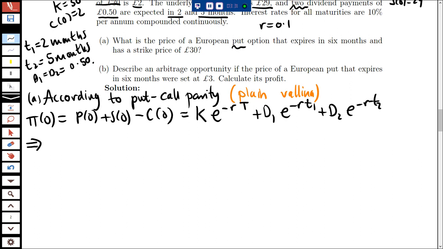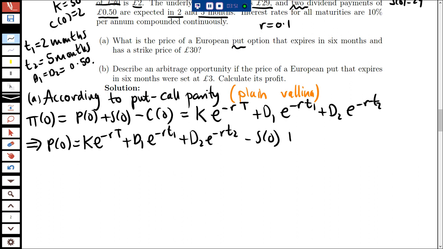Okay, so now we can calculate the value of the put. Just rearrange. The right hand side can stay where it is. And we bring the other values over and drop those in.